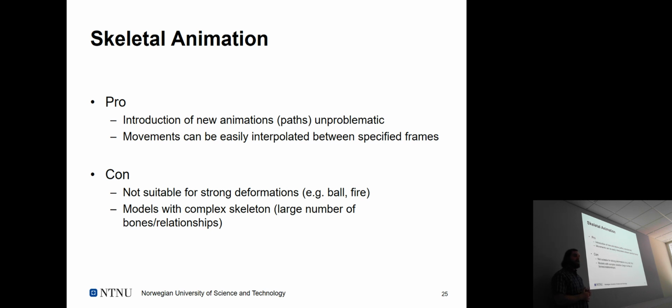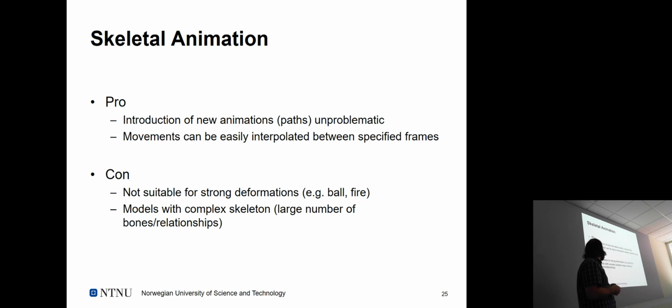However, if the skeleton is very complex, these hierarchies can become very complex and computationally extremely expensive, because if you have lots of bones that impact each other, this whole network can lead to very high computational power needs.